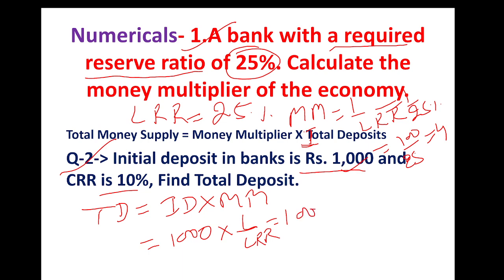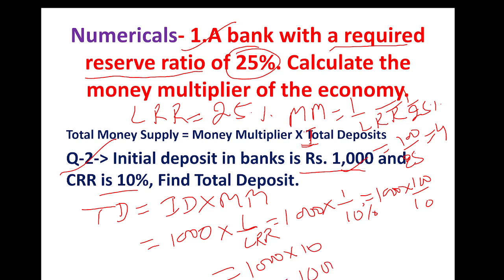So 1000 into 1 by 10%. So 1000 into 100 by 10%. Then you can see that 1000 into 10 equal to 10,000. This is the total money created.